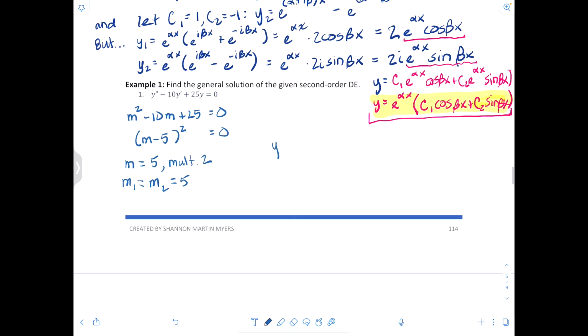So we'd have y equals c1 e to the 5x plus c2 times x e to the 5x. And that's our general solution. Isn't that beautiful?